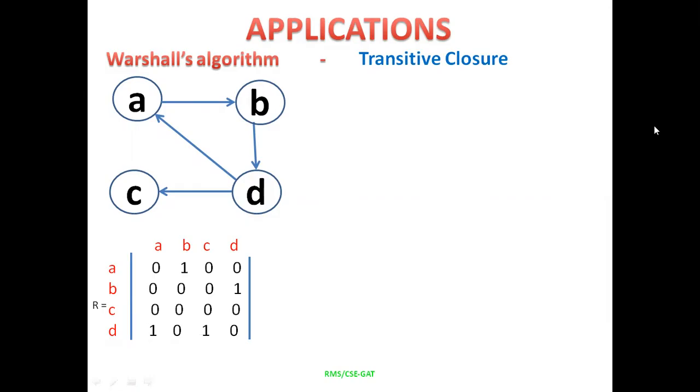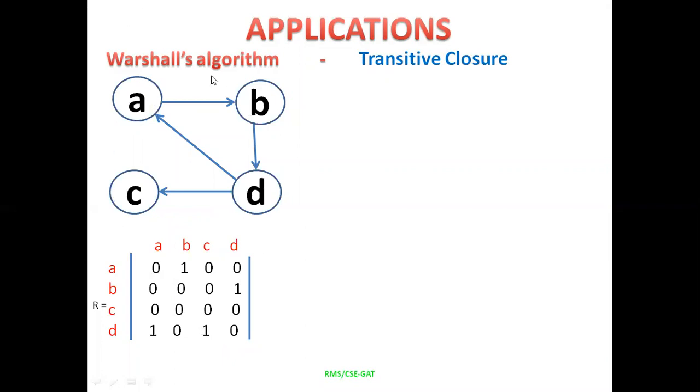The construction of this Boolean matrix involves ones in the place of direct edges and zeros in the absence of edges. And the main diagonal should always be 0.